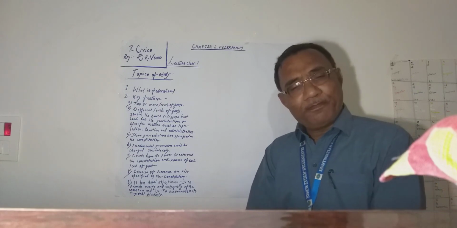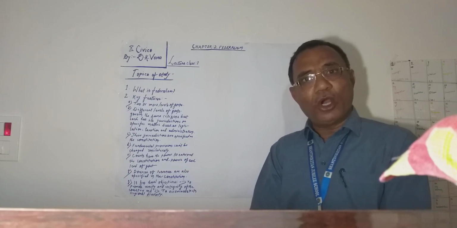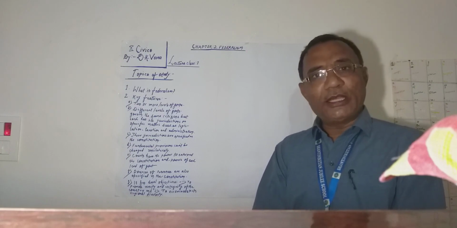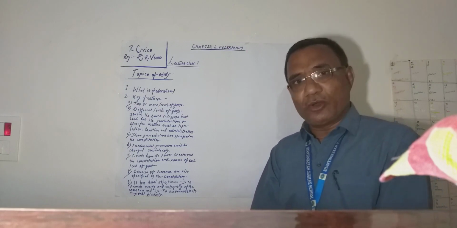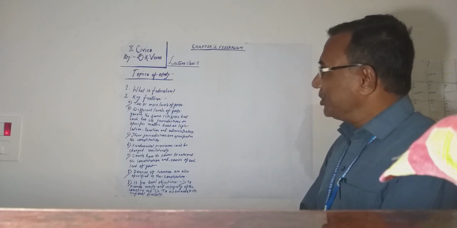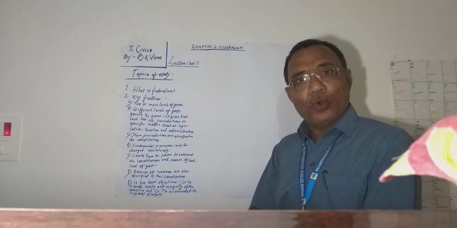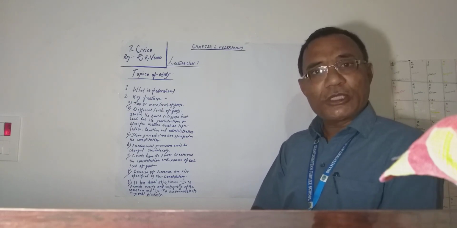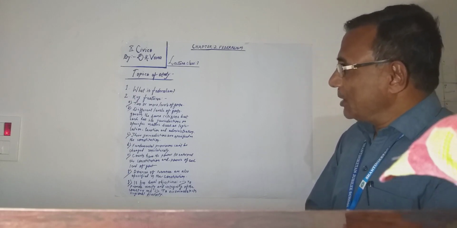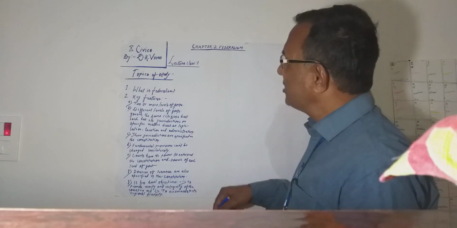It is another matter that in Indian federal system of the government, state governments have got less powers than the central government, and central government has got more powers than the state governments. That is another thing of the discussion. But here we have to proceed just to know about some of the key features of federalism in India. Students, some key features of federalism in India are as follows.